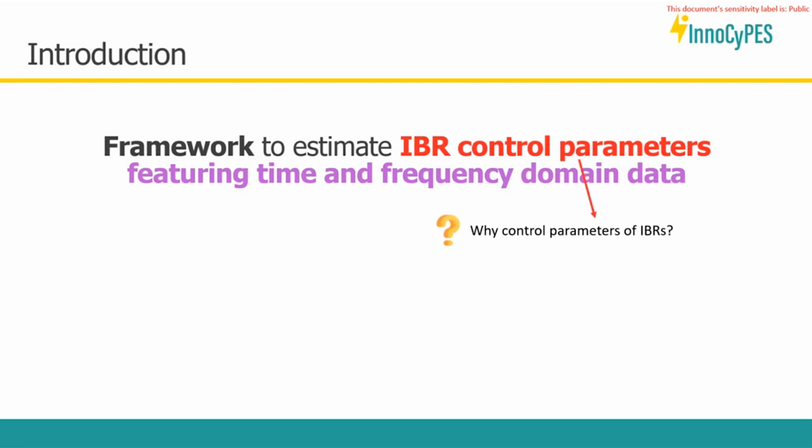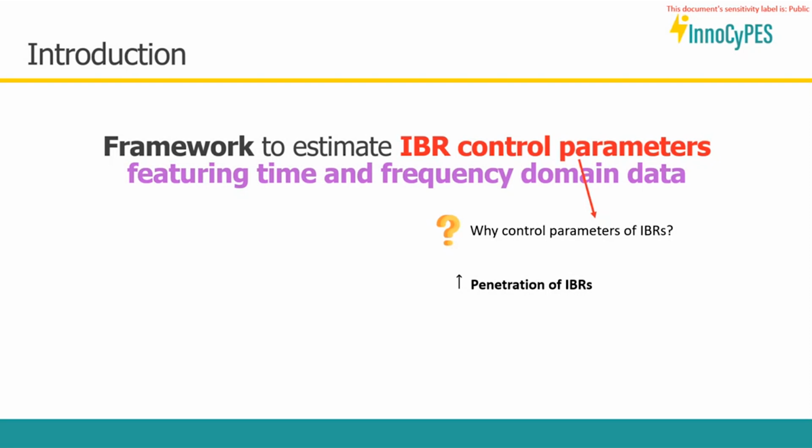But why control parameters of IBRs? This is an interesting question. Of course, we have this higher penetration of IBRs over time. They are becoming more and more important because of the transition that we want to do in the energy sector, which involves using more and more wind, PV, and so on.